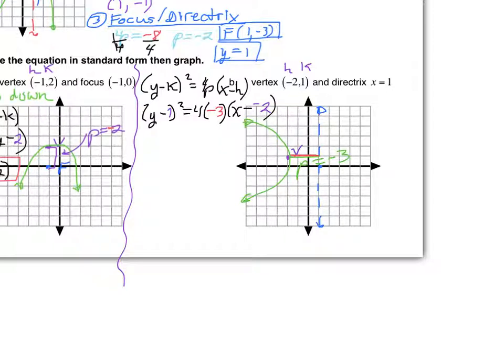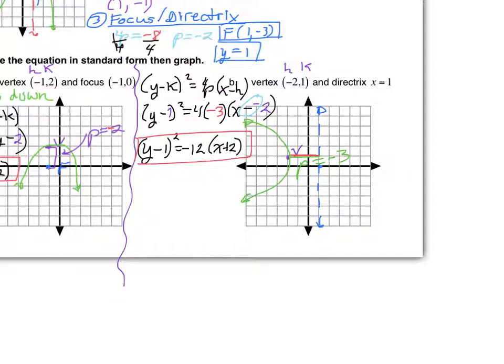So take care of any double negatives. So right here, we end up with y minus 1 squared equals negative 3 times 4, which is negative 12, times x plus 2. And there's our equation. Any questions?